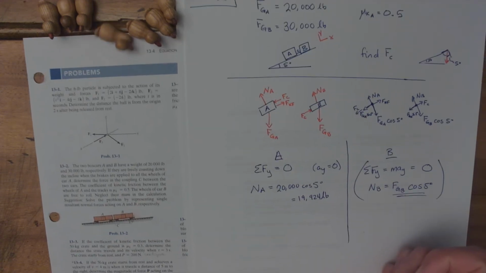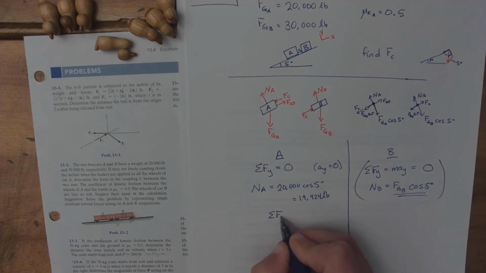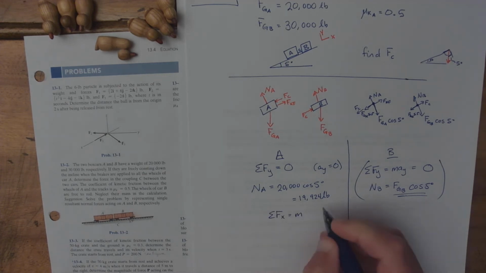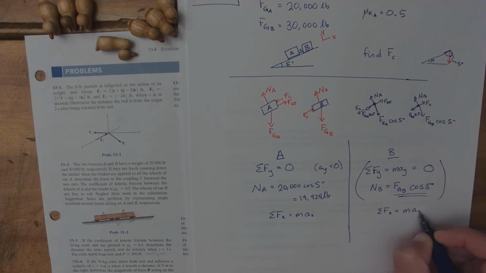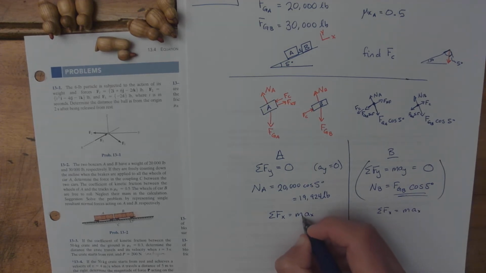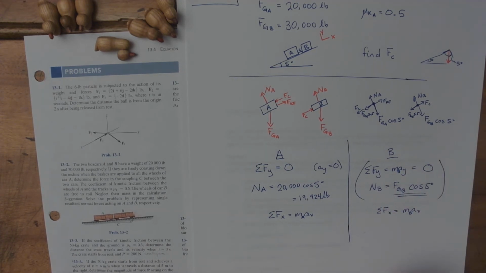Okay, so now moving on, I can look at the sum of the forces in the x direction. That's equal to the mass times the acceleration in the x direction. And it is important to note that these cars are moving together with the same acceleration. So this is mass A, this is mass B, that's mass B also. But the acceleration is the same.